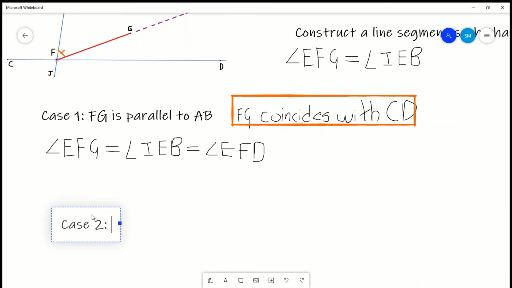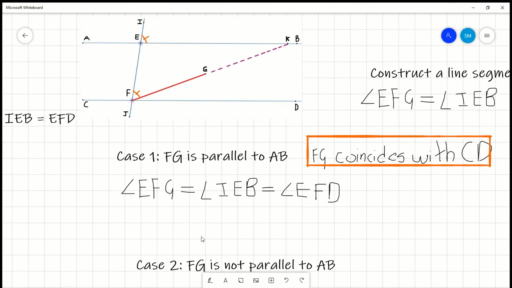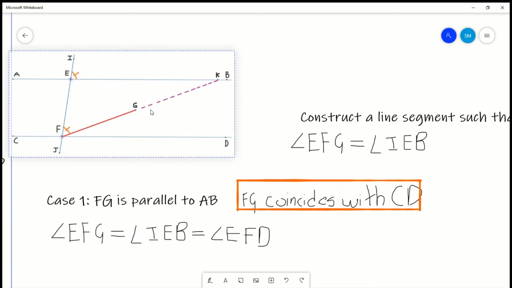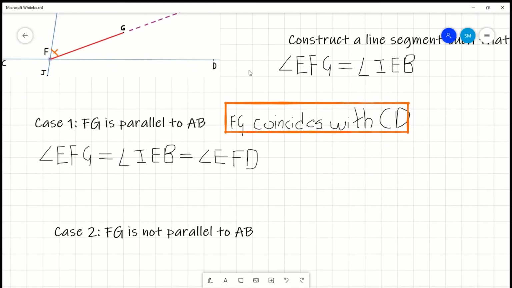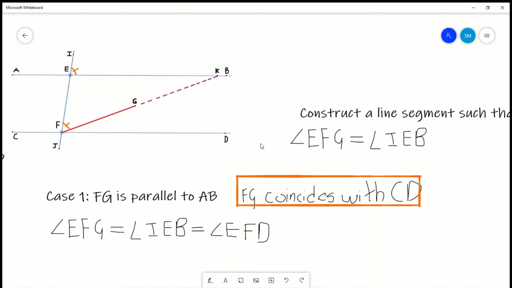Case 2. FG is not parallel to AB. And this is actually the case which my image here represents. So if we say FG is not parallel to AB, then at some point when we extend FG, FG must intersect AB at some point.